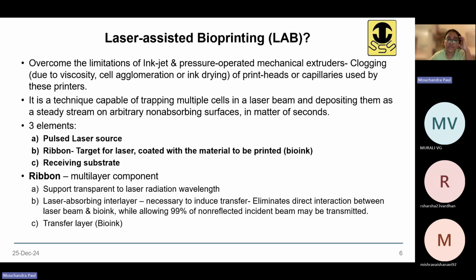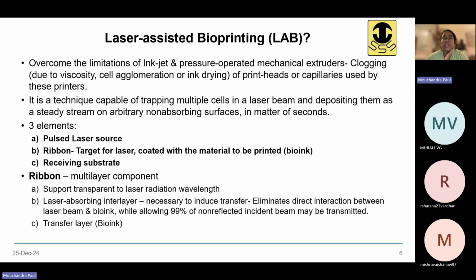A simple definition of this technique is that it is capable of trapping multiple cells in a laser beam and depositing them as a steady stream on an arbitrary non-absorbing surface in a matter of seconds.